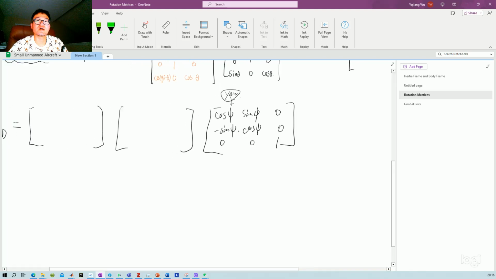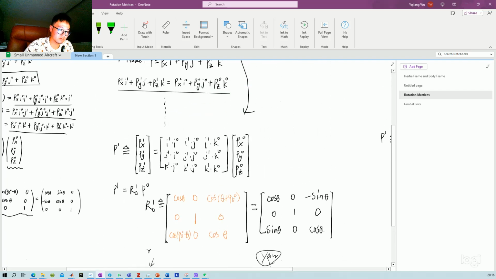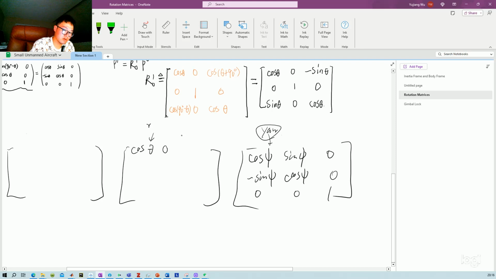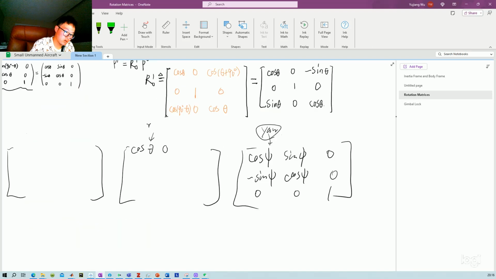And then the second, or middle, rotation matrix is a 2D rotation matrix defined against theta, which is your pitch angle. Of course, yaw is rotating against z, and pitch is rotating against y.